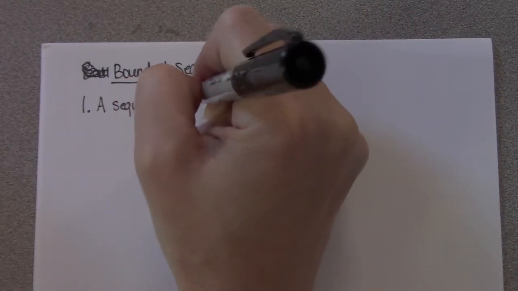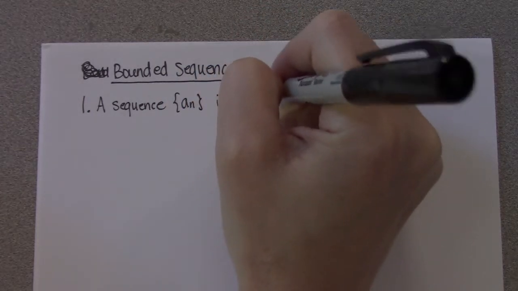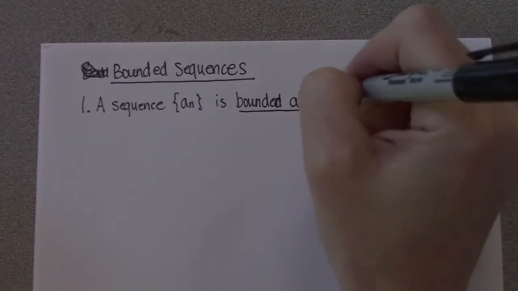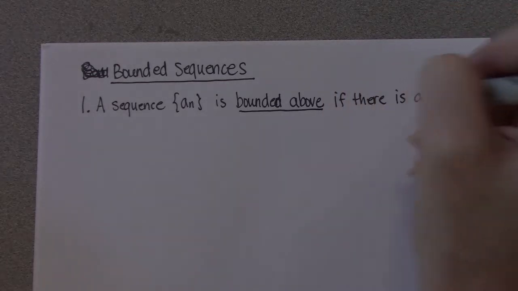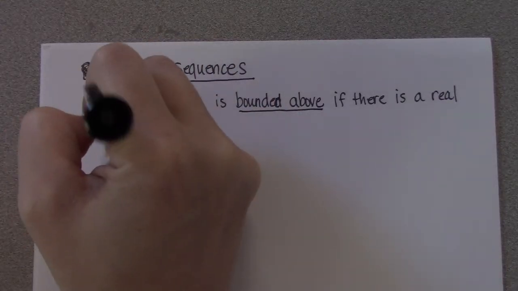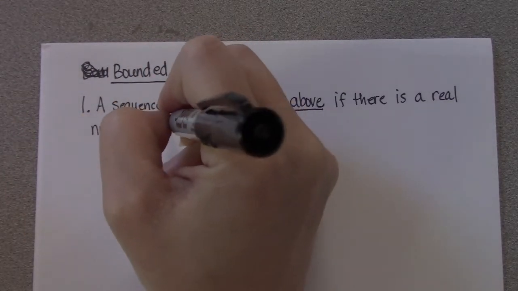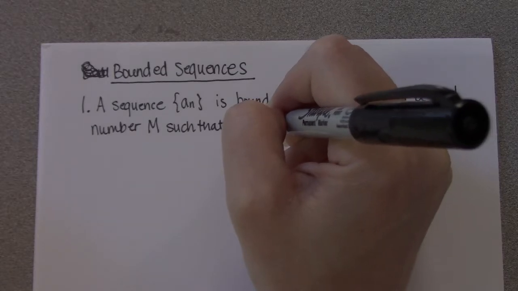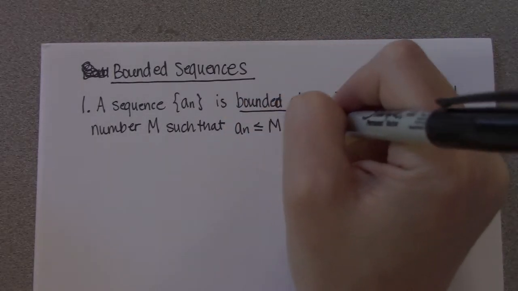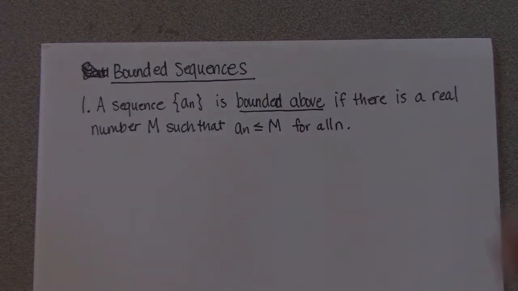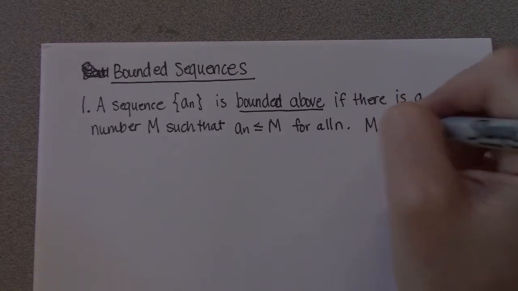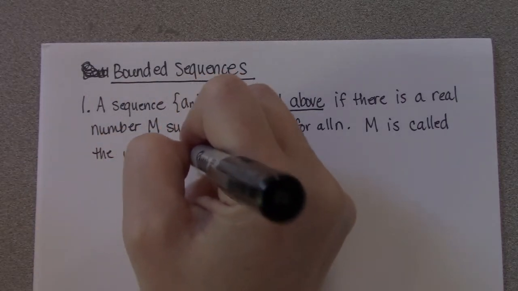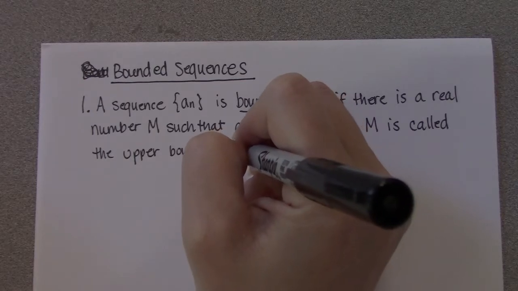So a sequence is bounded above if there is a real number, we'll call it capital M, such that a sub n is less than or equal to M for all n. And M is called the upper bound.